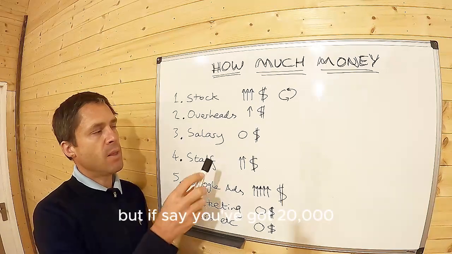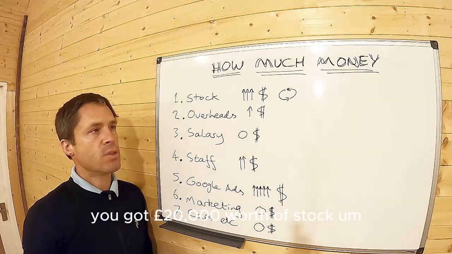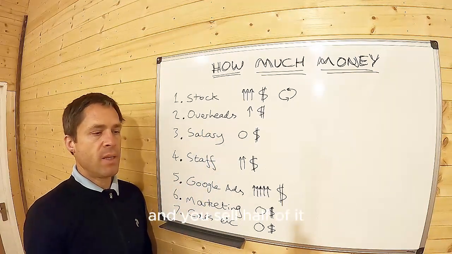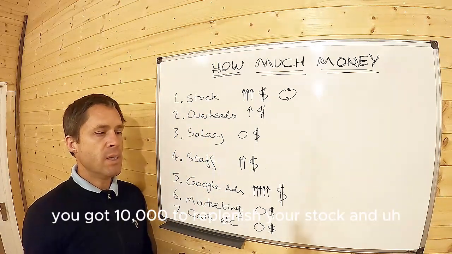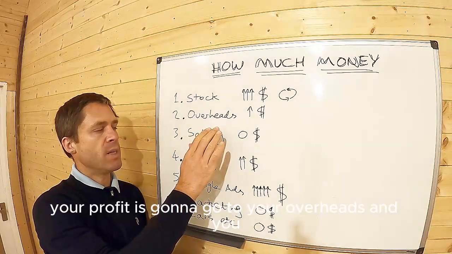But say you've got 20,000 pounds worth of stock, and you sell half of it, you've got 10,000 to replenish your stock, and your profit is going to go to your overheads.